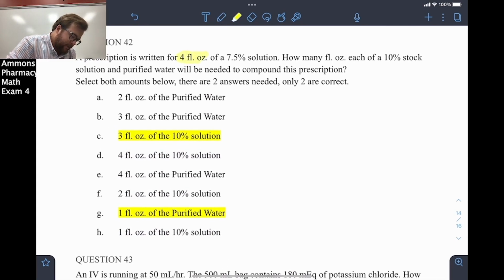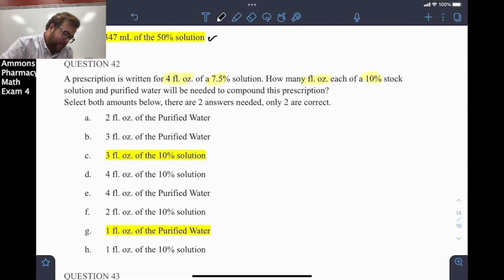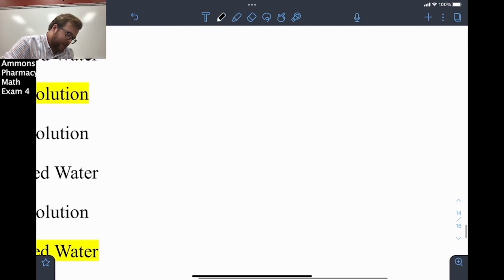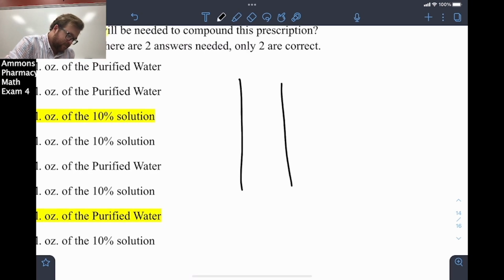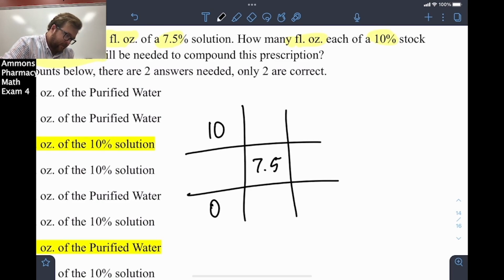Okay, so this is catching my eye right now. 4 ounces. 7.5. How many ounces of a 10% solution will we need? Okay, so really it caught my eye because I thought I was going to convert it, but I'm not going to because it's asking for answers in ounces, so I'll just keep it that way. So we have 7.5, 10%, and then don't let me forget water. Okay, so my alligation table, 10, 0, 7.5.